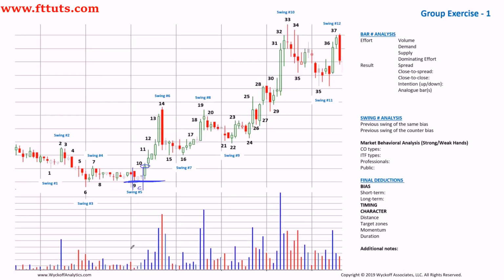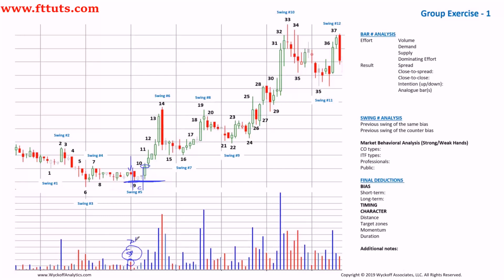Second point of logic here is that there was some supply that emerged. By the way, this is the bar right here. I keep referring to the wrong bar. There was some supply increase here, and it was consumed, it was absorbed.